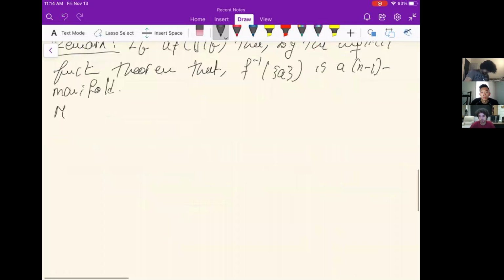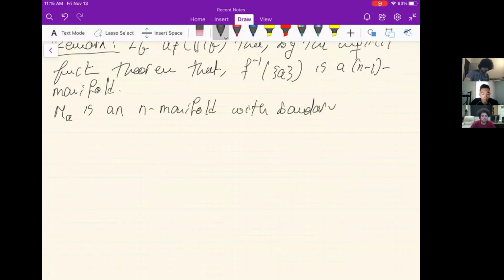Second, the sublevel set is an n manifold with boundary, the pre-image of A.